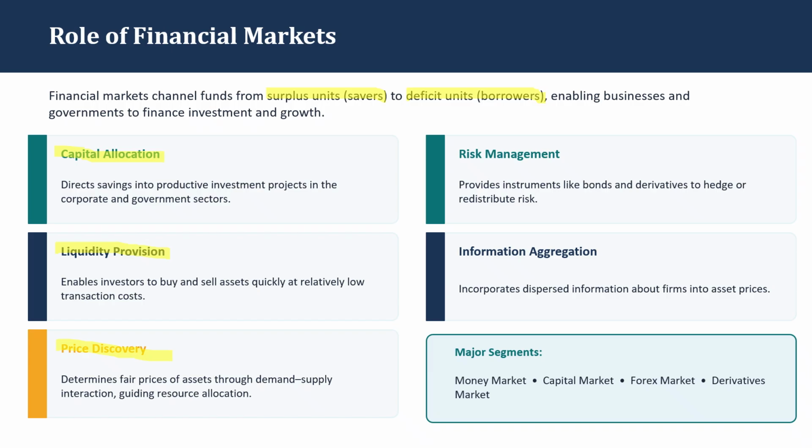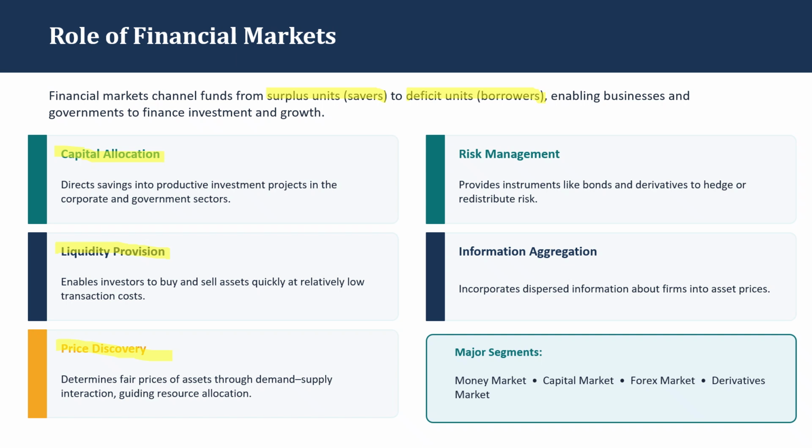It tells us what, on average, informed investors currently believe about the value and risk of that asset. This process of arriving at that price through market forces is basically price discovery, and it guides how resources are allocated across different firms and across different sectors.